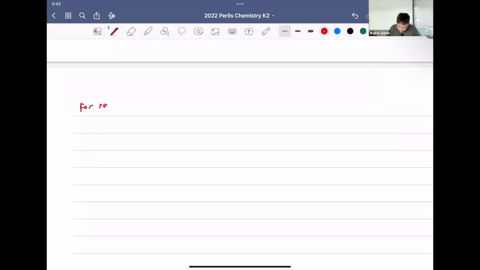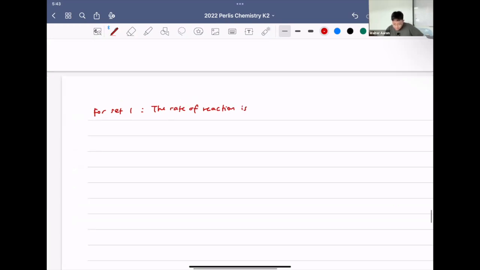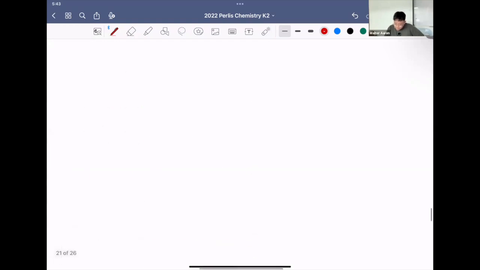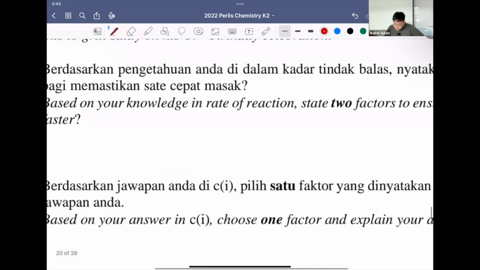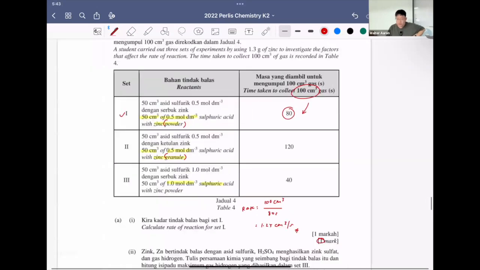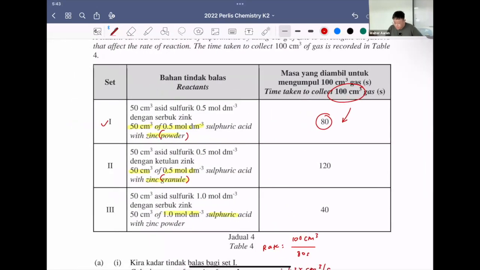So for set 1, you can say that the rate of reaction is higher. You see here, the time taken for the gas to be collected between 1 and 3, set 3 is a higher one because it takes a lower time.